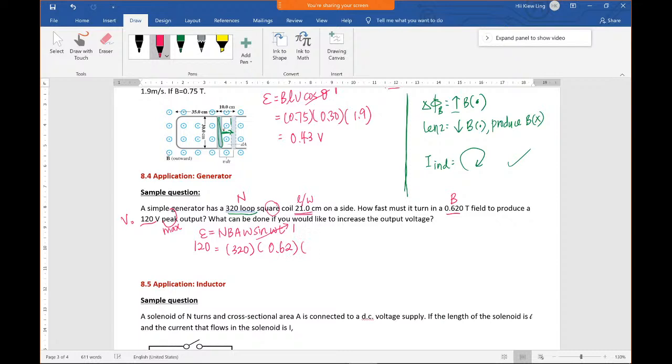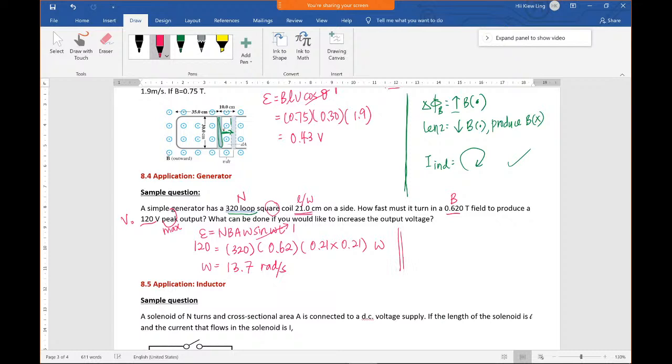Area, since this is a square, is 0.21 times 0.21. Omega is your unknown. Solving this, you get 13.7 radians per second.